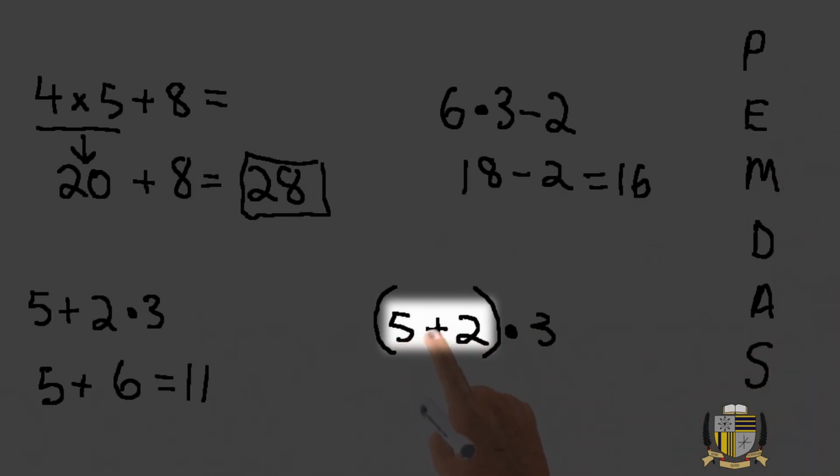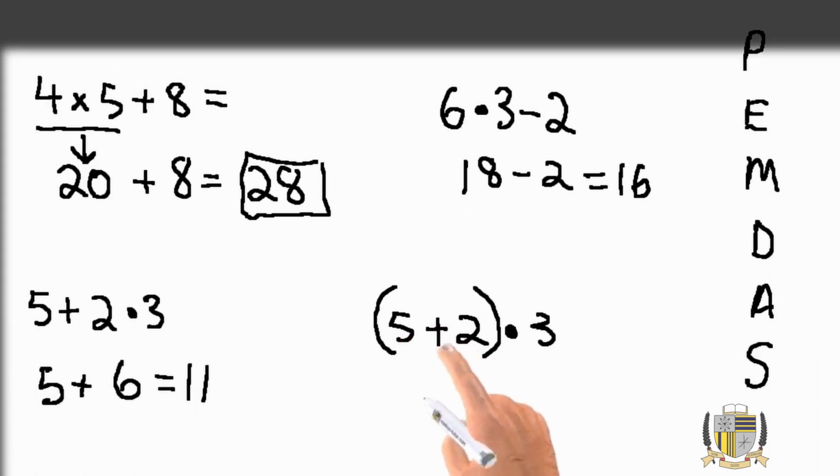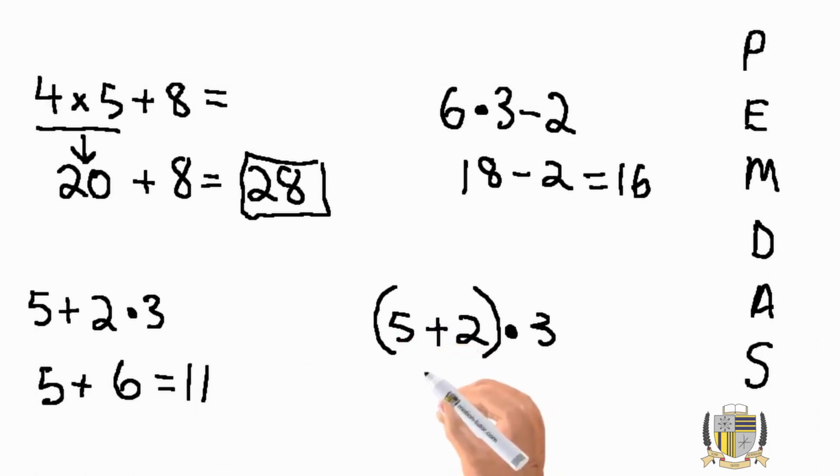So inside this parentheses, do I see another parentheses inside? No. Do I see another exponent inside? No. Do I see multiplication inside? Nope. Do I see division inside? No. Addition? Yes. 5 plus 2. 5 plus 2 is 7.